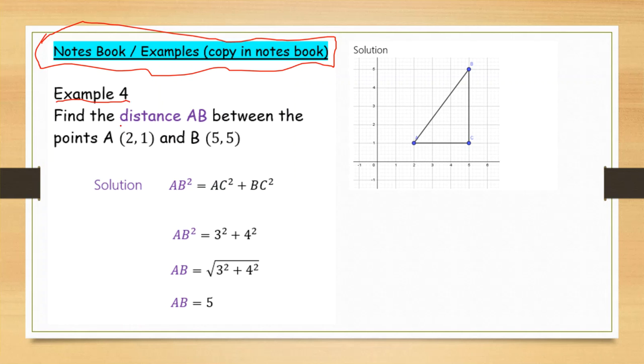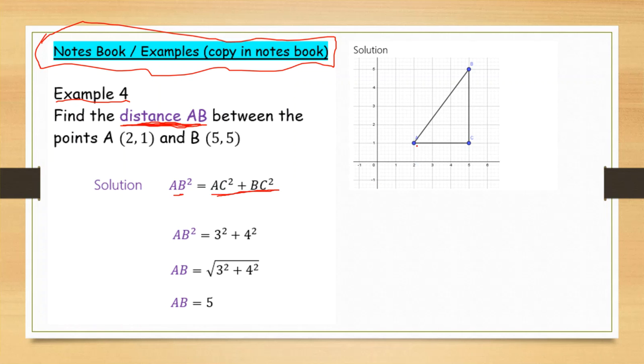Example 4, find the distance AB. So as soon as we think distance, we think Pythagoras' theorem. So AB squared, I'm just using capitals here, AC squared plus BC squared.